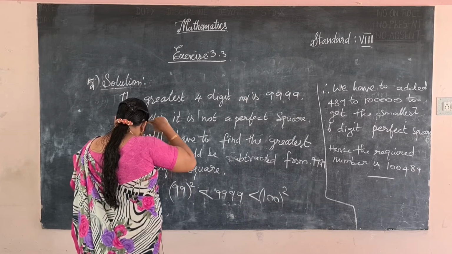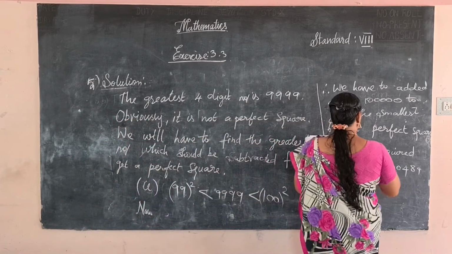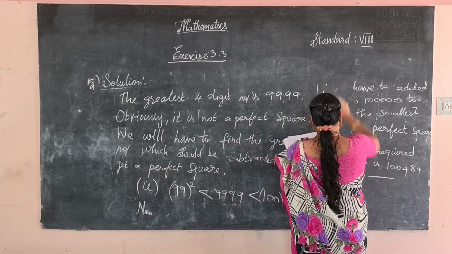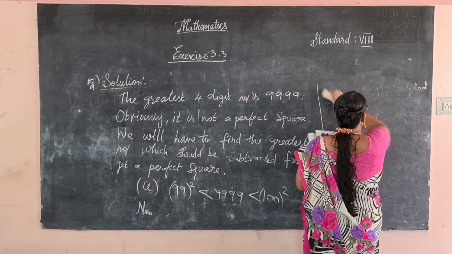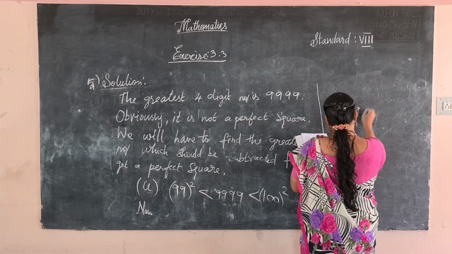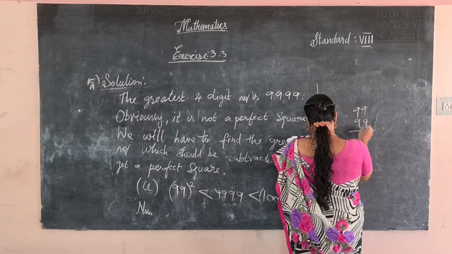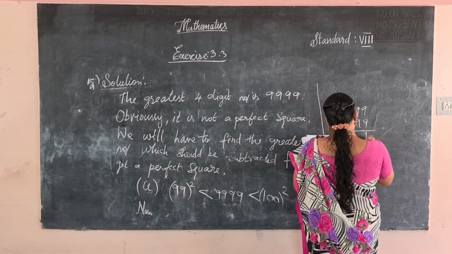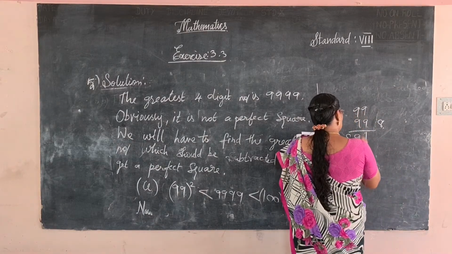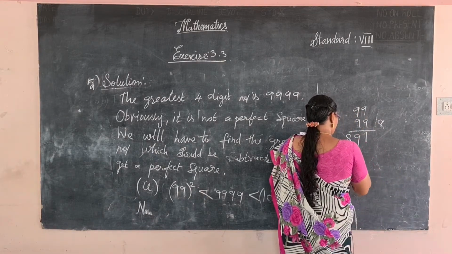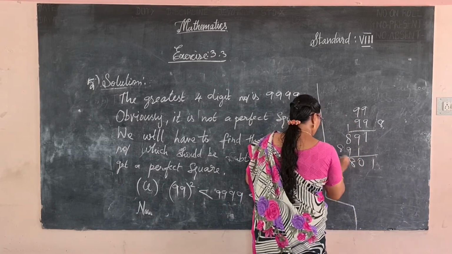So what is the value of 99 squared? 99 into 99. 9 9s are 81, then again.